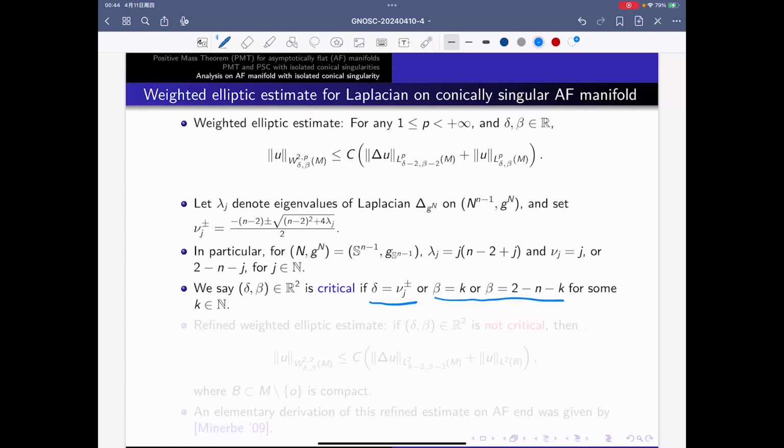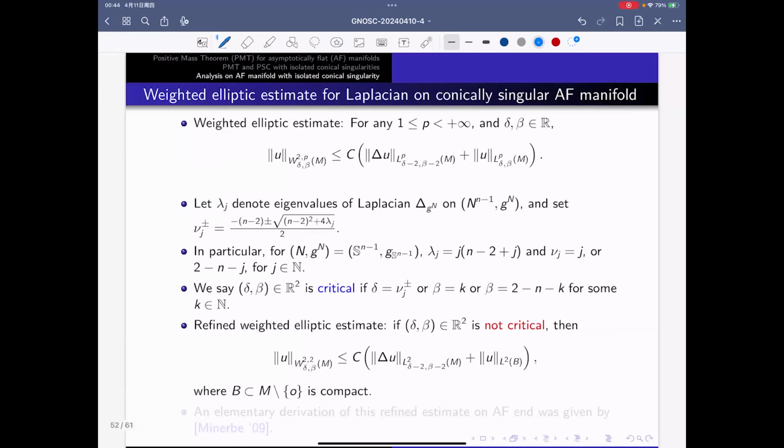So if we have a pair of indices delta beta that is not critical, right? Then we can get this kind of refined elliptic estimate. Right? So the weighted elliptic estimate. So now B is a compact set, right? So in other words, here we can put this index delta prime and beta prime, as delta prime and beta prime could be any number as we want.